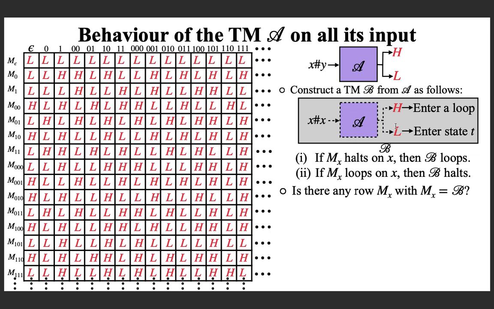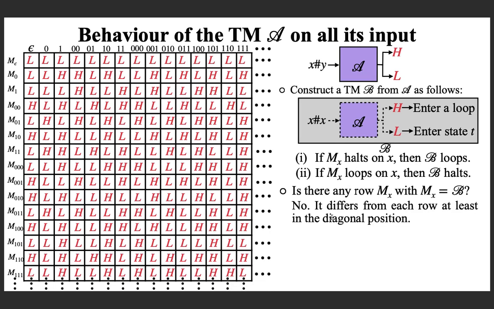B is a Turing machine, and in the previous class we saw that for every Turing machine there exists a binary encoding. So definitely there must be a row X representing the Turing machine B. But we are going to prove that it is not there, and hence a contradiction for this assumption that there exists a Turing machine solving the halting problem.